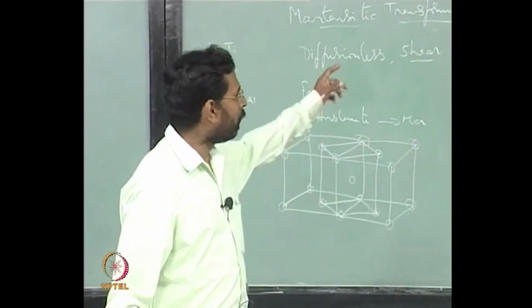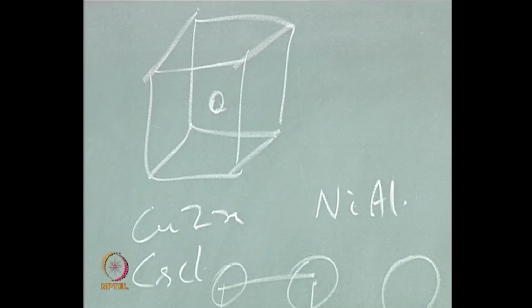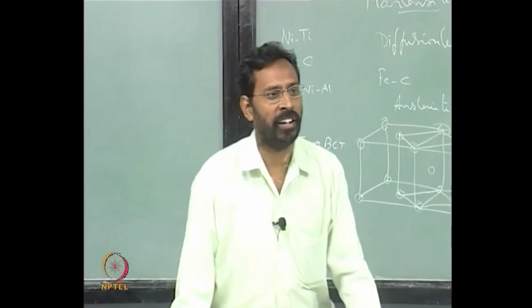The moment it becomes ordered, I know pretty well that if I am taking copper zinc, copper occupies, let us say, the corners, and zinc occupies the body center. Now what is the unit cell?